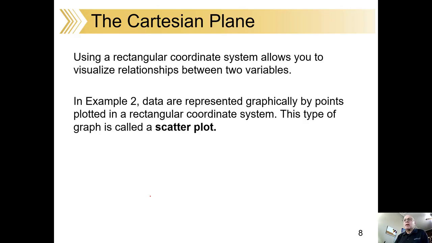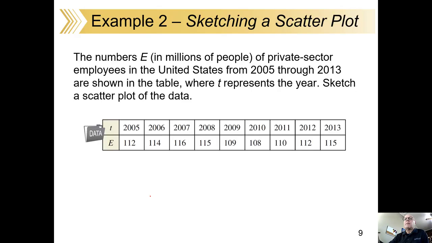That means a straight line. Here's an example of some data. We've got t, that's like the x, 2005, 2006, t for time, obviously, and E represents the numbers in millions of people. E for employees, that's what it is.